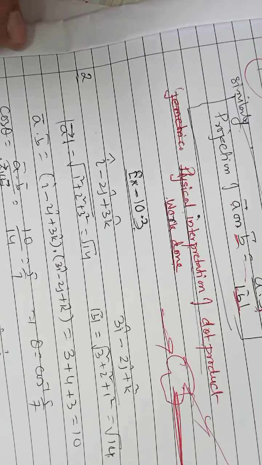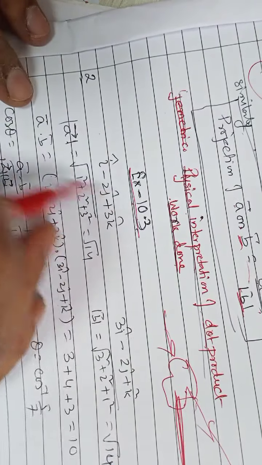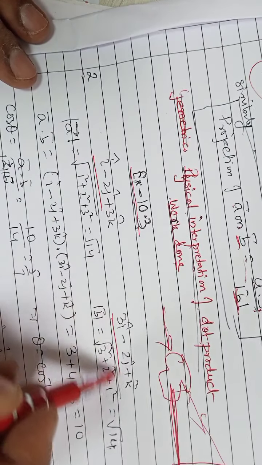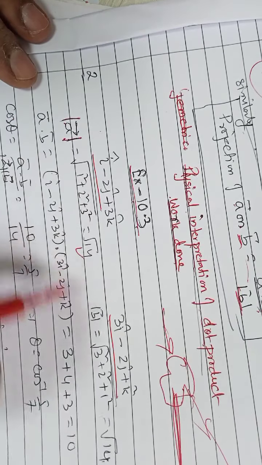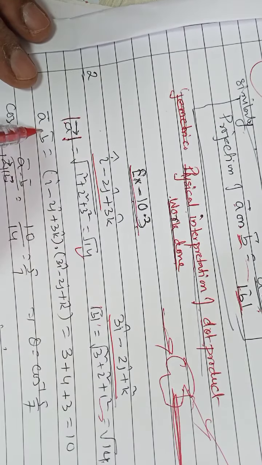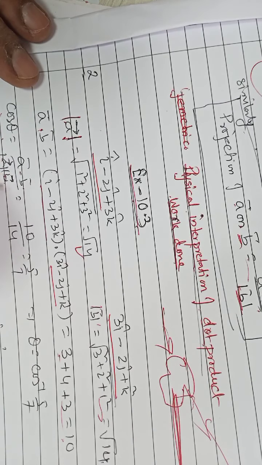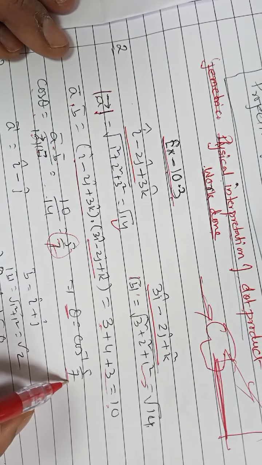So let us do some questions from exercise 10.3. We have to find the angle between this vector and this vector. Question number 2. We find mod of a, mod of b, then a dot b, as we just did, then cos theta is a dot b by mod a, mod b, this is root 14. Finally it comes to 5/7, then theta will be cos inverse 5/7.